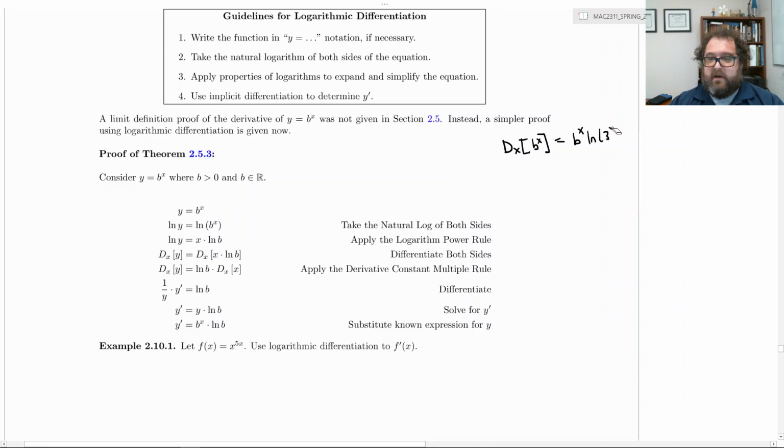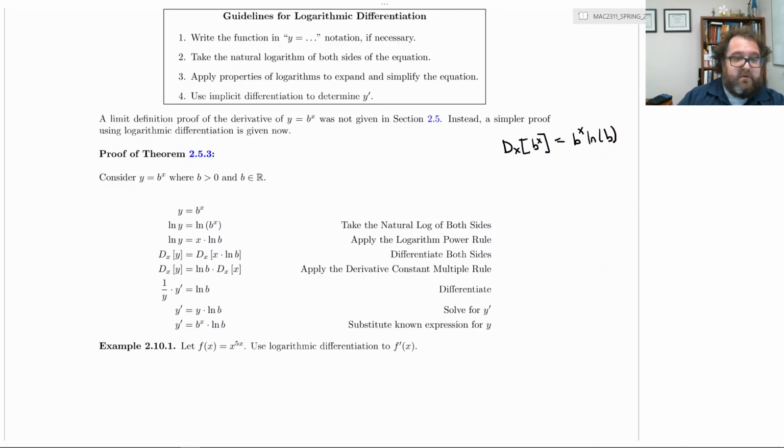I'm not really sure why I put a 3 there. So it's b to the x times natural log of b. That's the derivative of b to the x. Back in section 2.5, I said let's save this proof for later, because there's a nice way to prove it. And so here we are.